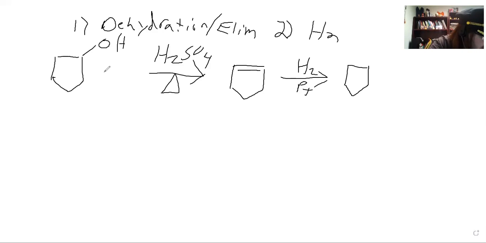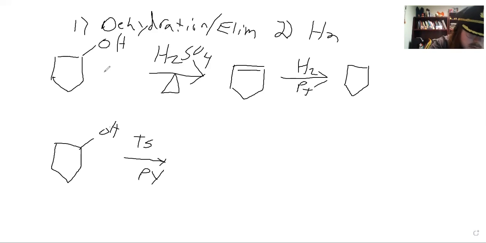But another way is with tosylation and then hydride addition. Same product. We add tosyl chloride and form our tosyl group.